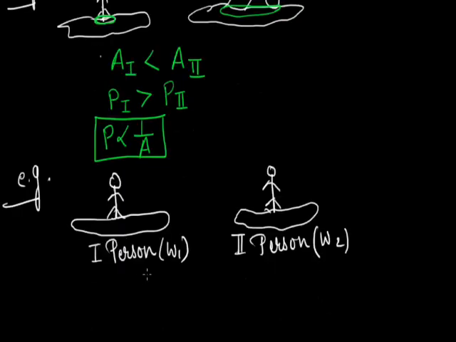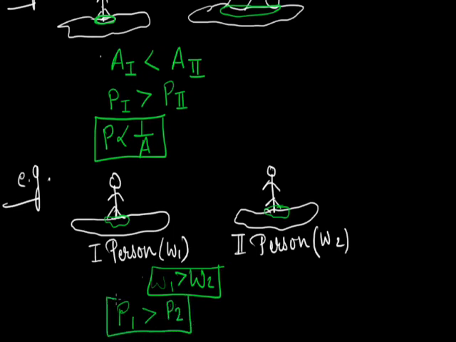Suppose W1 is greater than W2. But we can observe here the contact area is approximately same for both the cases. But since the weight of first person is greater than the weight of second person, so here we can say that pressure in first case will be greater than the second case.